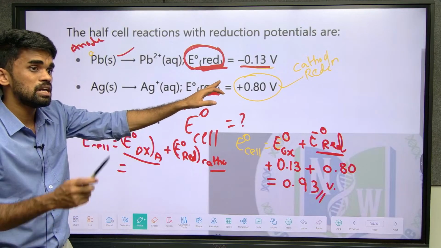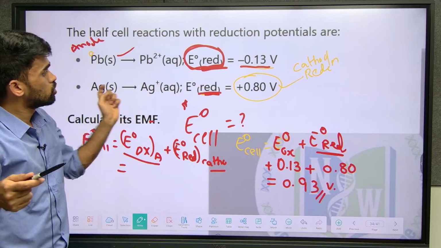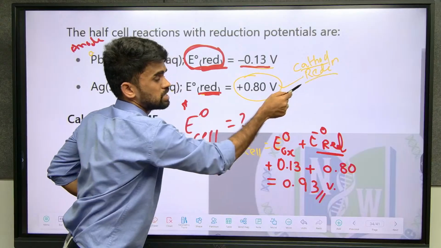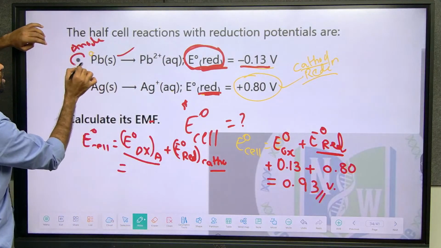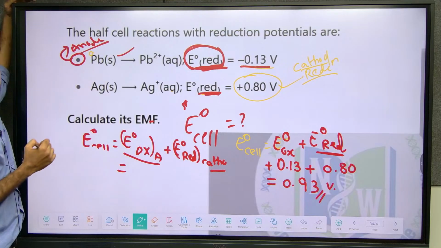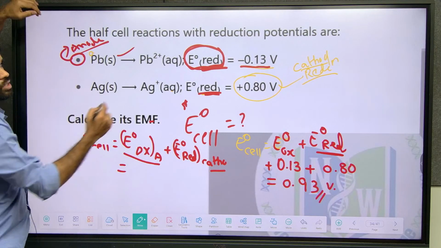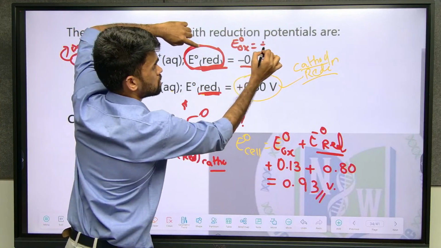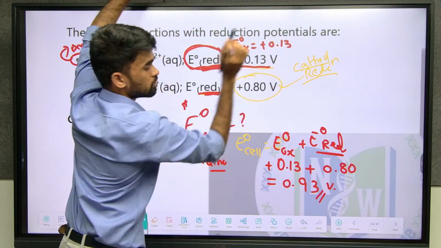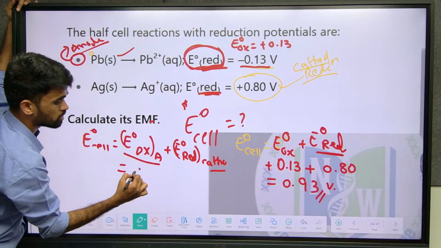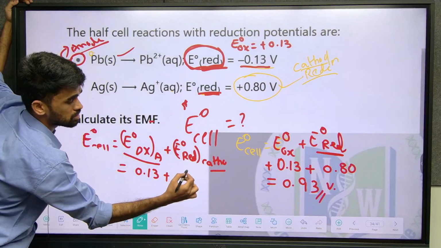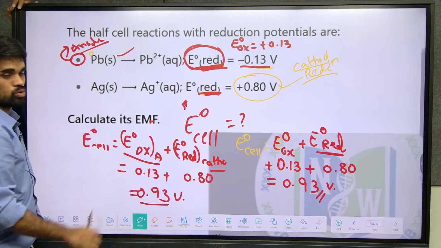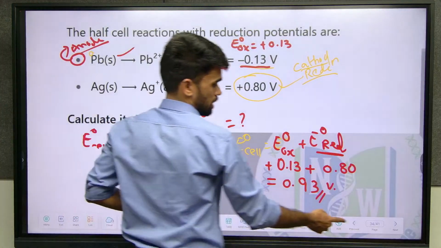The more reduction potential will participate in reduction. So this reaction takes place at the cathode, that is reduction. The remaining reaction should happen at the anode, where oxidation happens. So the oxidation potential should be the opposite of the reduction potential. Put those values over here and add them: 0.93 volt. This is how you need to calculate.